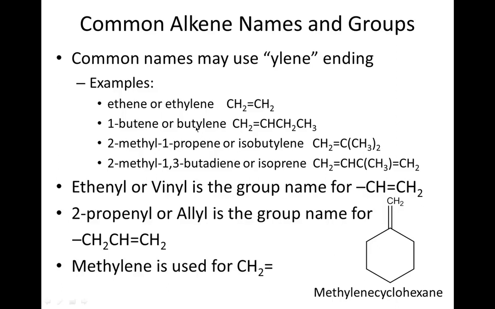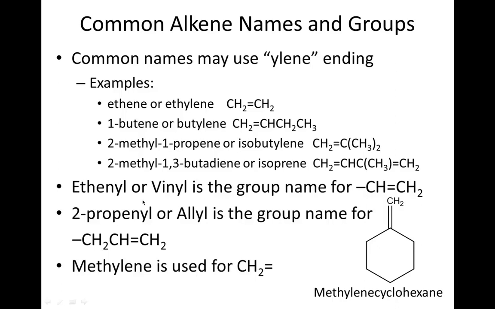And we talked about 1-butene is called butylene, and the branchy version is isobutylene. And this guy right here doesn't use the ylene, but this isoprene, this is a very common molecule, both biologically as well as industrially, an important feature. And if you've heard of neoprene rubber, it's made out of a polymer. That's a polymer of this stuff.